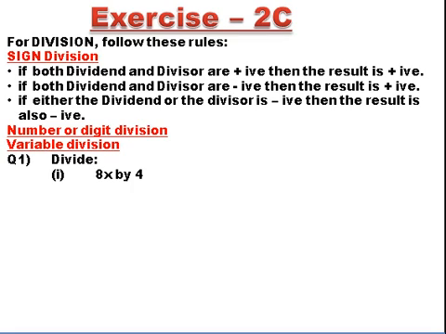Now if both dividend and divisor are positive, then the result will be positive. Even if both of them are negative, then also the result will be positive. But if only one of them is negative, then the result will be negative. So we are going to take care of the sign once we operate the algebraic expression.